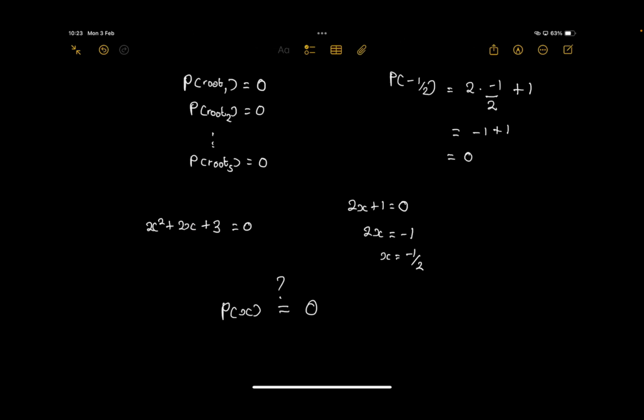So every degree D polynomial has D roots. So if it's evaluated at D points, there's a chance that those D points are all the roots. You were just lucky, you got the first root, second root, third root, fourth root, D roots.